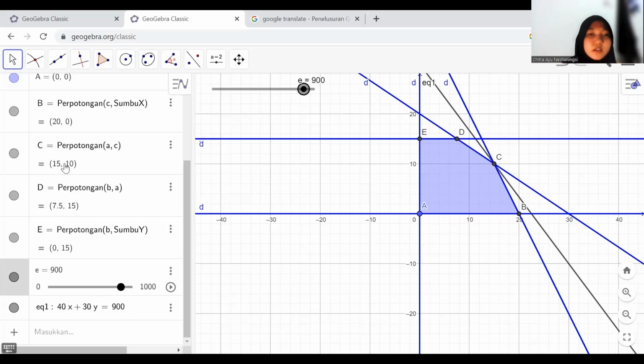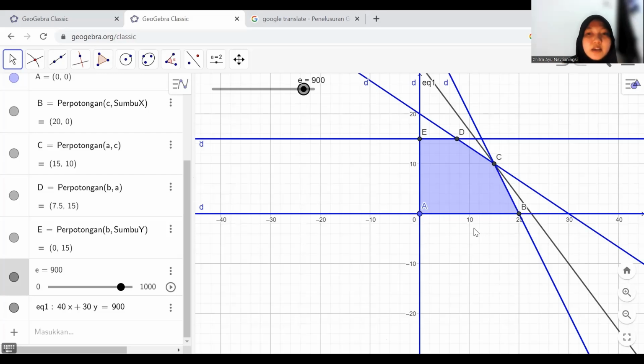So we can solve the problem with GeoGebra. And after that, we can also prove it with the table and substitute one by one. The result is the same, because we already know the answer, but we can answer in another way.